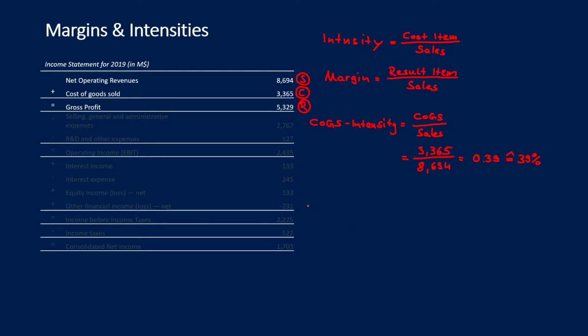And of course, we have an example for a margin. We have the gross margin here. And the gross margin, of course, is defined as the gross profit divided by sales.